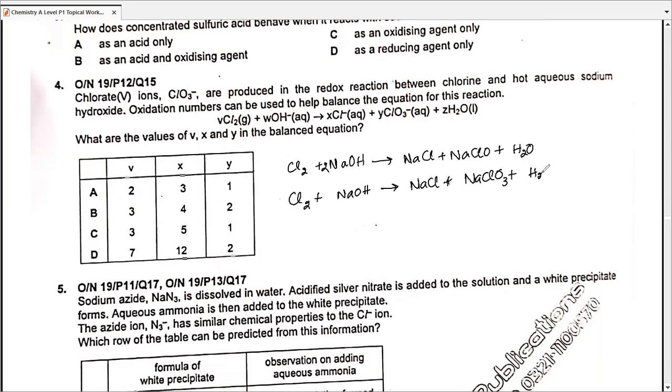So H2O, and of course, if C is correct, we are using this 3 over here, this 5 over here, this 1 over here. And in order to balance everything out, that would be 6 and of course 3.